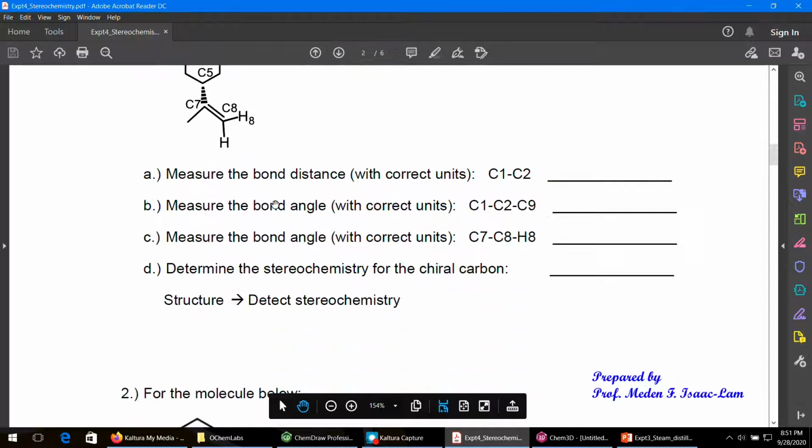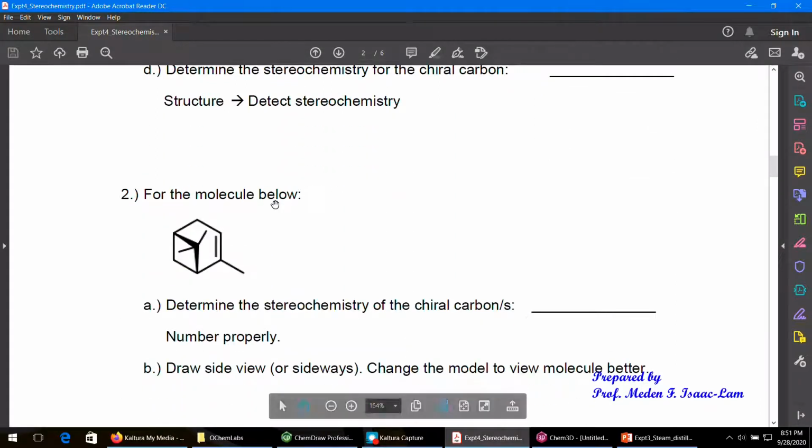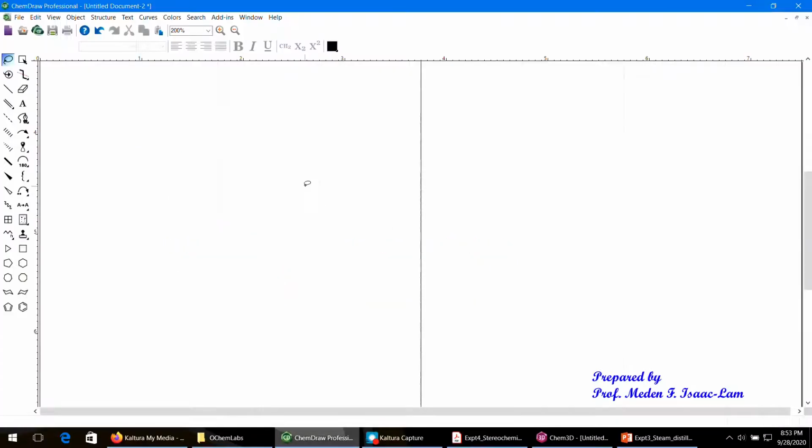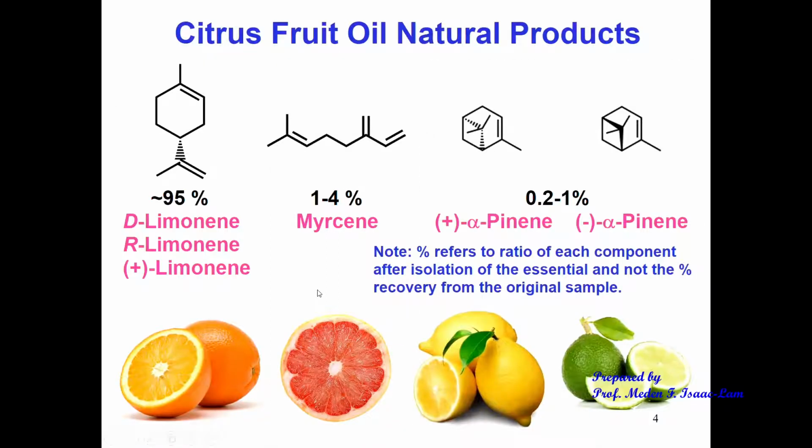Okay, we are now going to build what is called a bicyclic structure. Now I'm going to build another molecule, which is going to be the natural product pinene, although limonene is also a natural product. This was a presentation in our previous experiment. If you isolate oranges, you will isolate limonene. That is the first molecule that we built.